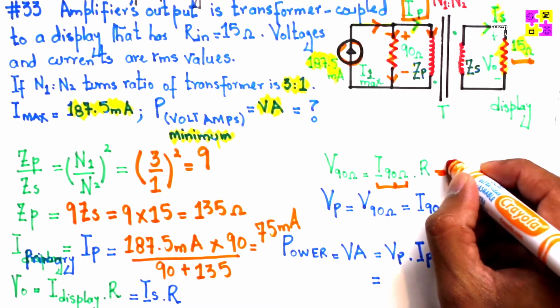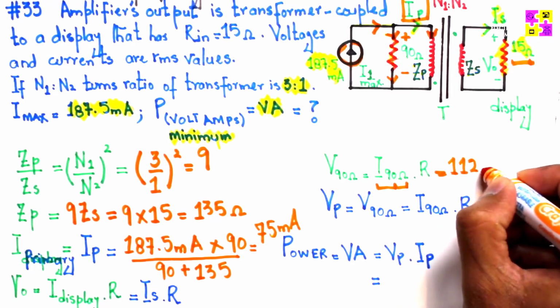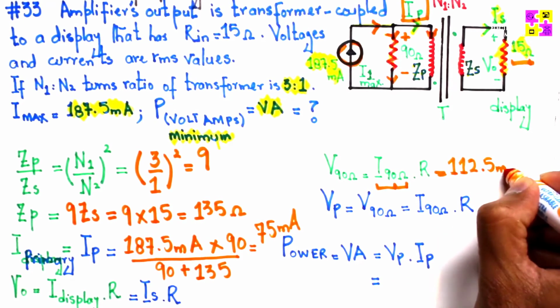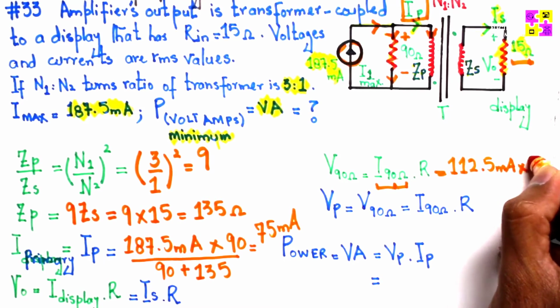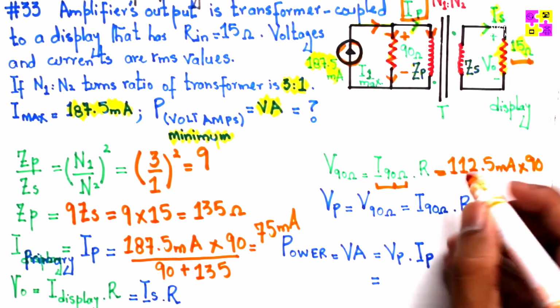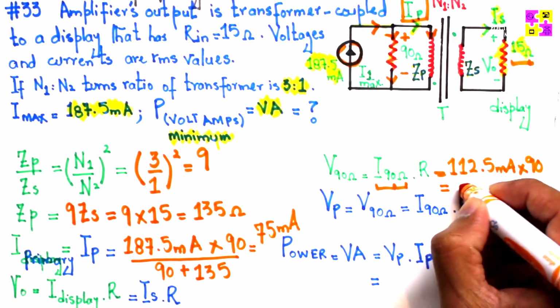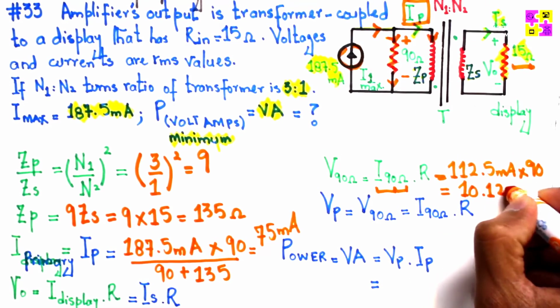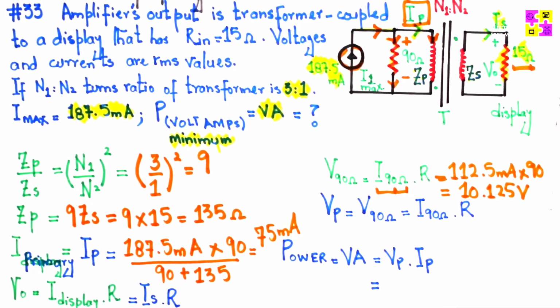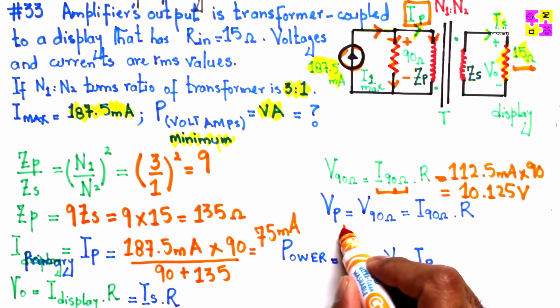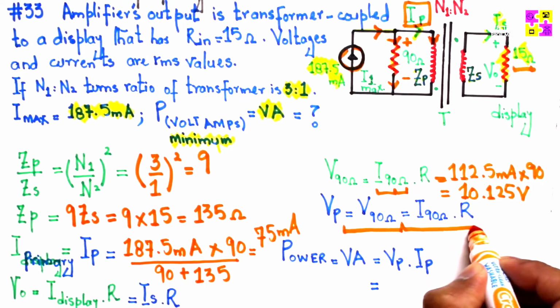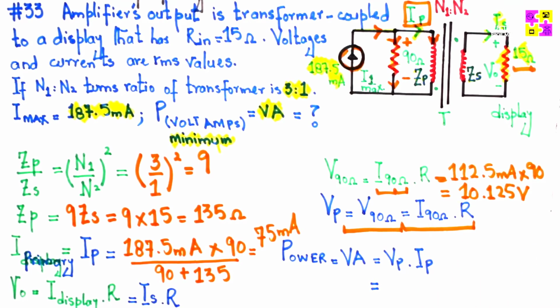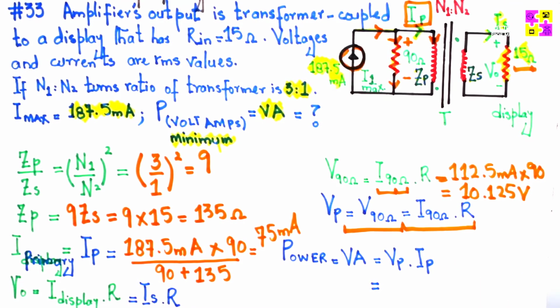So 112.5 milliamp times 90, and you do the math here, you basically get 10.125 volts. This equation and the above equation are basically the same. There's nothing different about it.